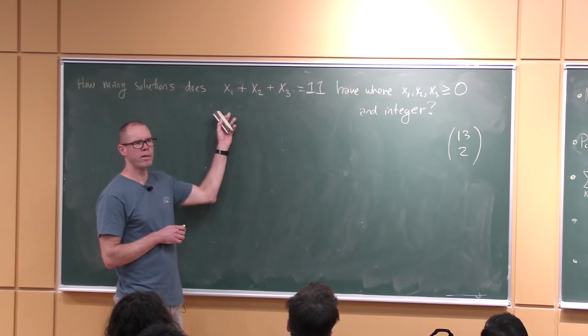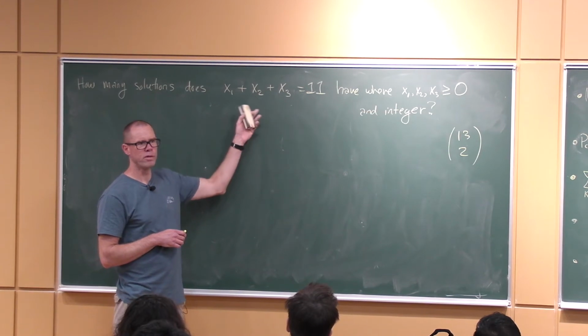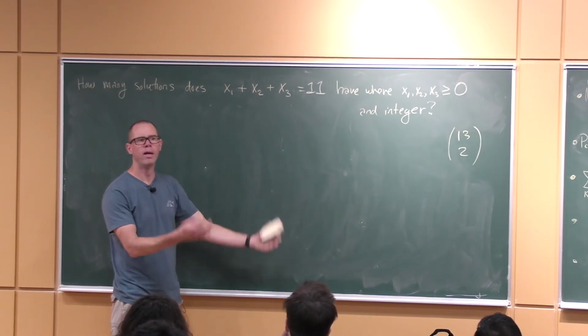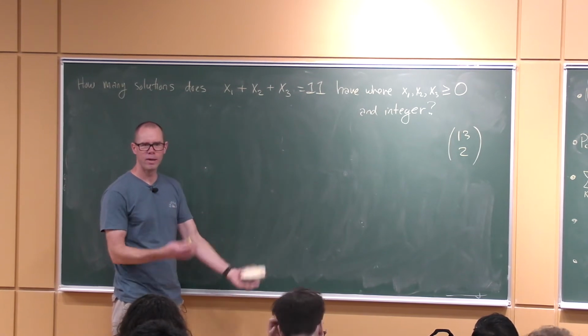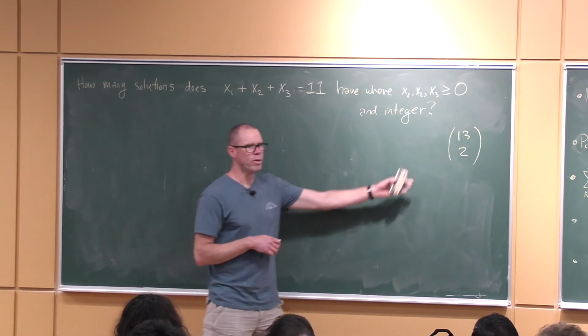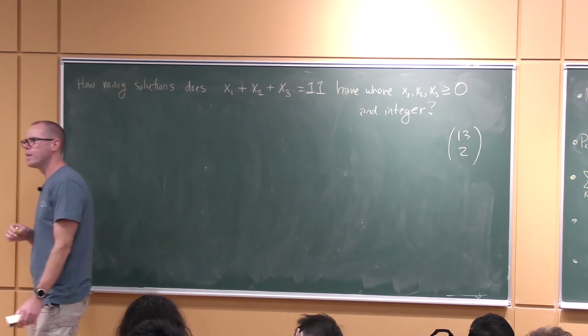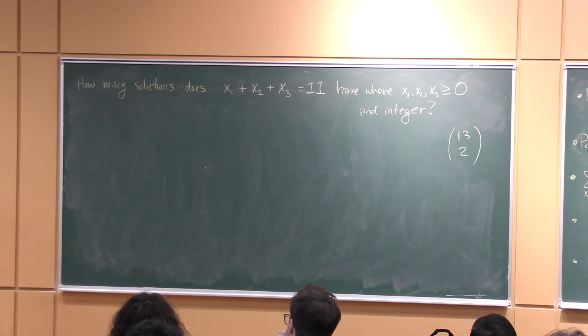But let's try with x1 equal to 10. Then how many solutions do you have for x2 plus x3 equals 1, and so on. Grind your way through that and get the answer. And for some reason, it would turn out to be 13 choose 2. Or we can try and understand where this is coming from.